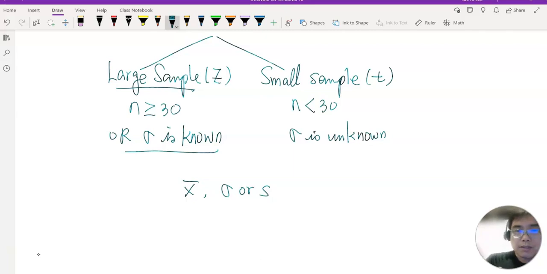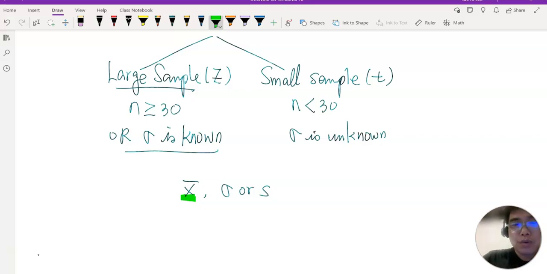Based on that, we want to determine the population mean value. However, the sample mean doesn't always reflect the population mean, which means we have some difference, some error, between the sample mean and the population mean. So we cannot fully trust the sample mean as representing the population mean.